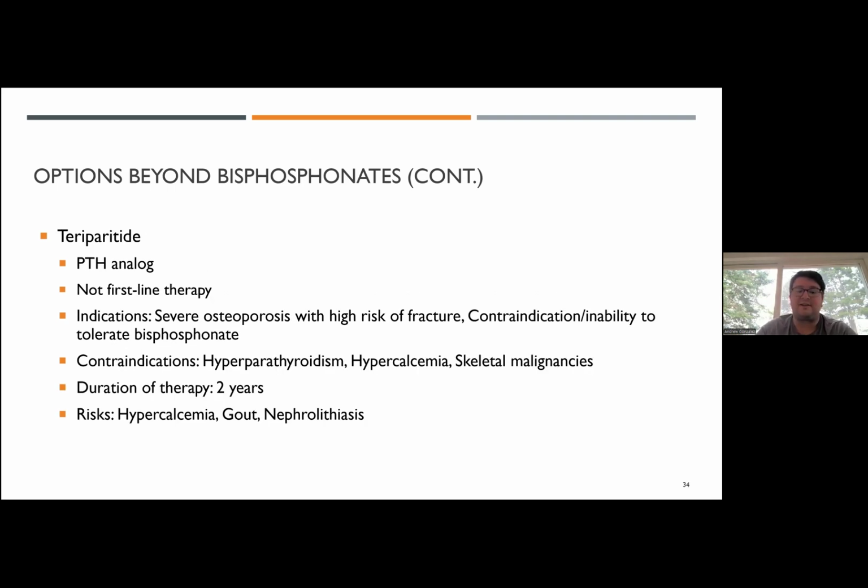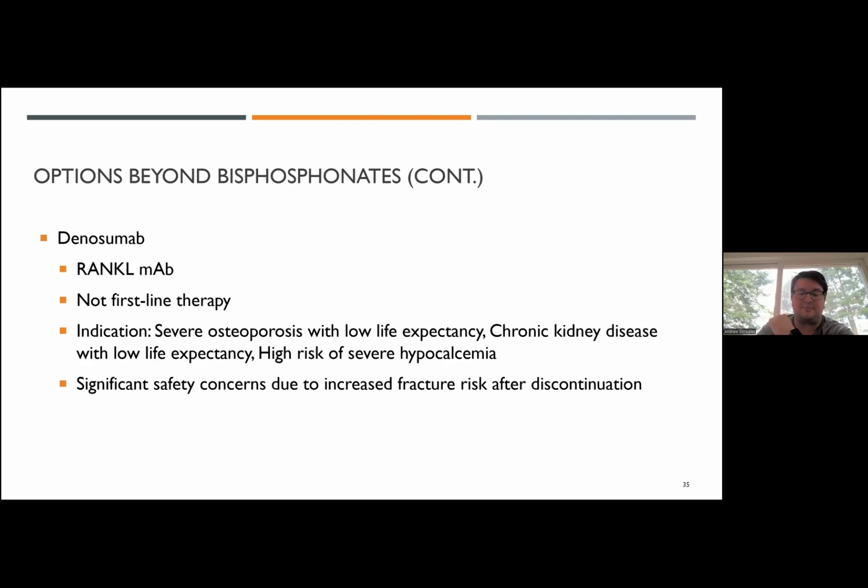Then we have teriparatide, the parathyroid hormone analog, not a first-line therapy, used in patients with severe osteoporosis with high risk of fracture, and anybody who has a contraindication. Denosumab is second line therapy.